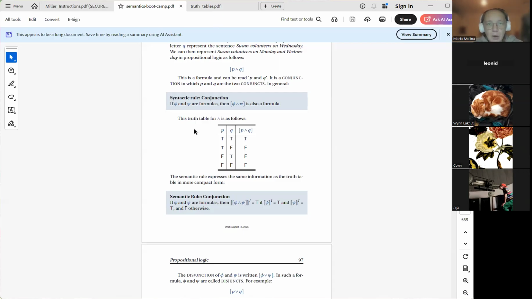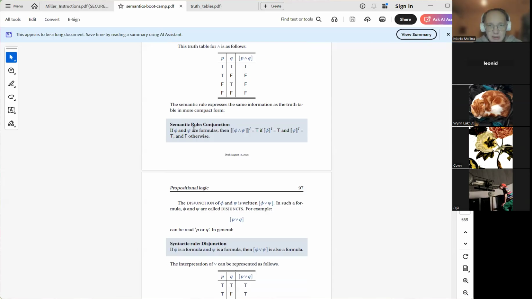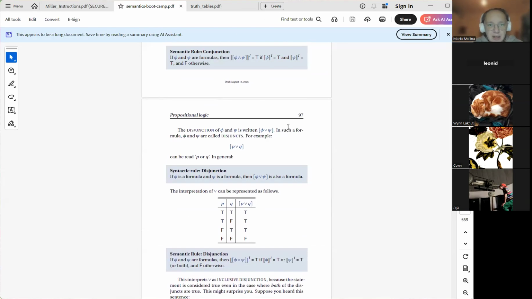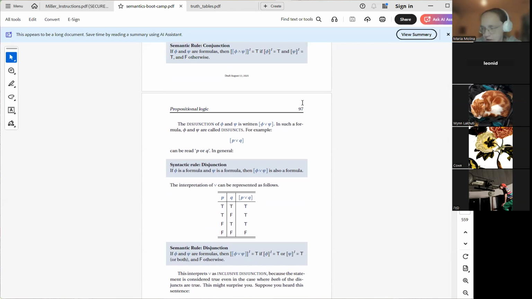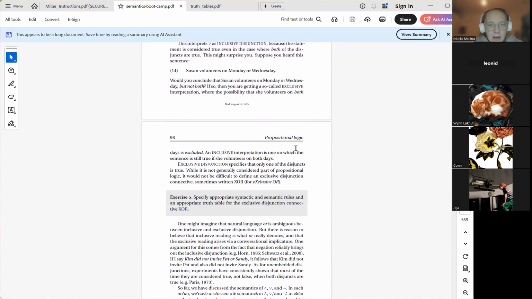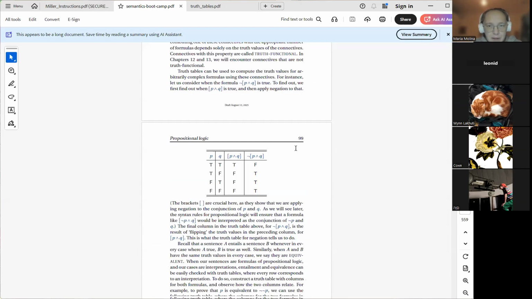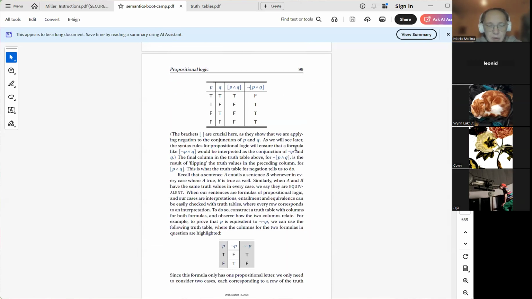We discussed conjunction, which gives us this truth table, and disjunction, which gives us that truth table. It's page 97 in the textbook. We looked into negation, when a conjunction is negated.